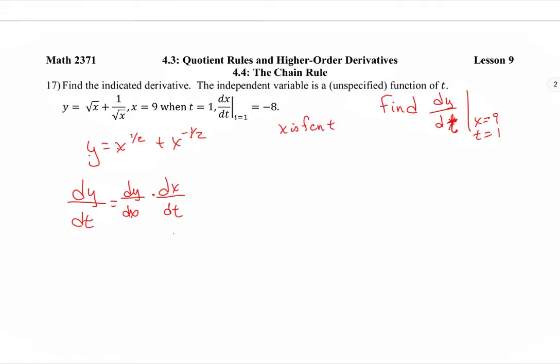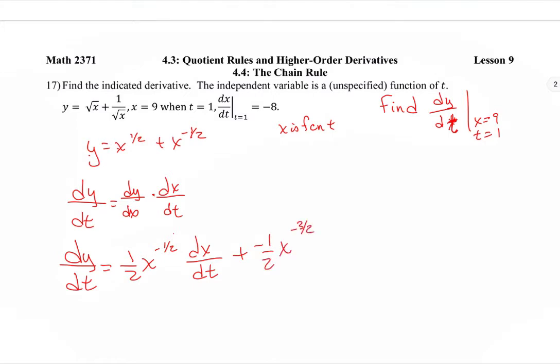All right, so if I take the derivative, dy/dt equals 1/2 x to the negative 1/2 times dx/dt plus negative 1/2 x to the negative 3/2 times dx/dt. And the reason I put dx/dt is because x is a function of t.